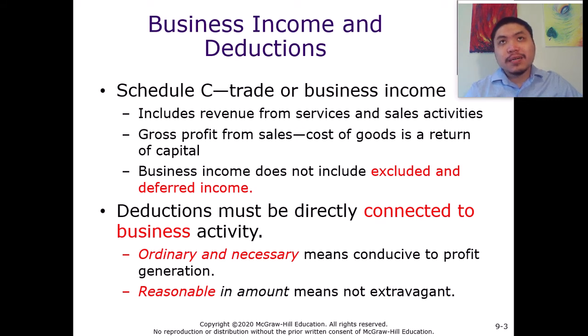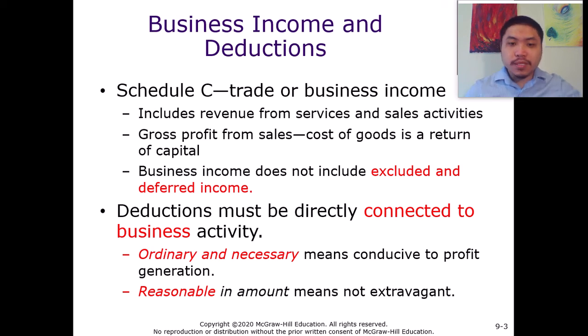But basically, the IRS and the Congress only allow the expenses that are directly connected to the business activities to be deductible, right? But as we know, when you own a business, sometimes it's very easy to get commingled between personal expense and business expense, right?